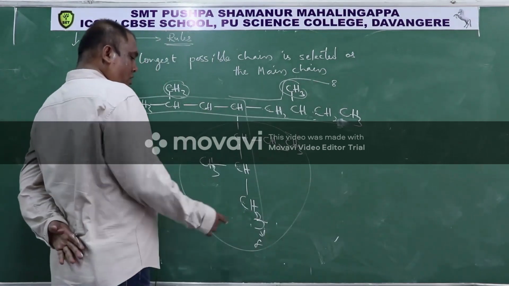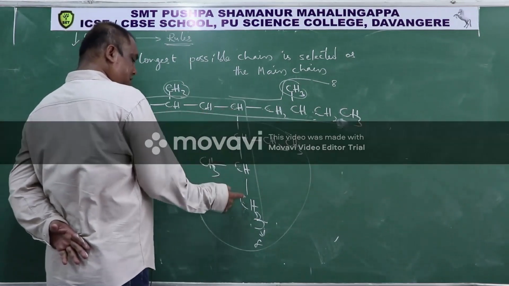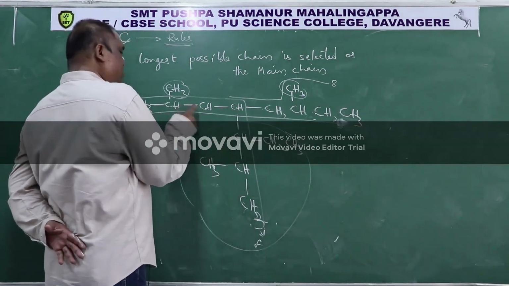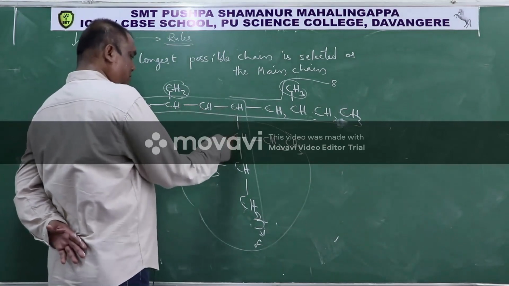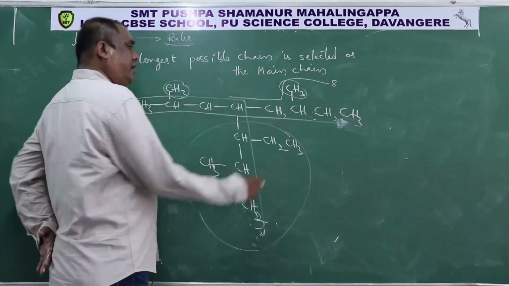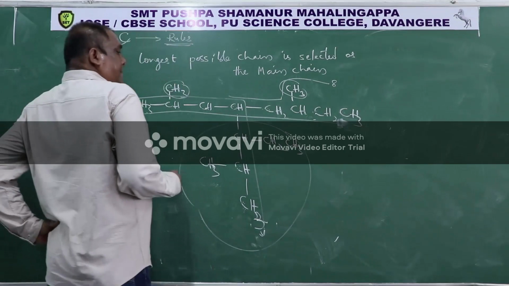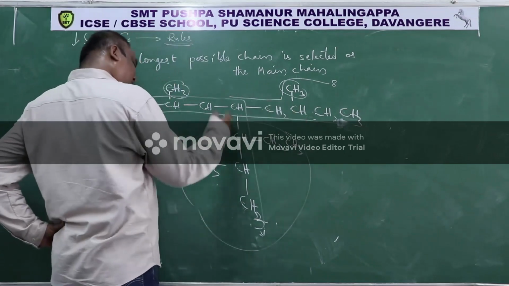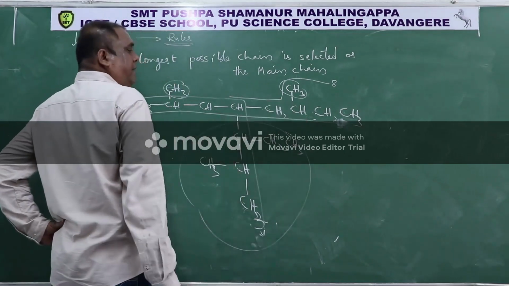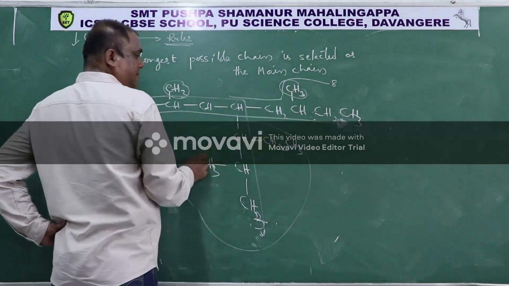Now, if you take this one, 1, 2, 3, 4, 5, 6, and 1, 2, 3, 4, 5, 6, 7, it has 7. Then it has 8. So now this is 8, this is 8, but this has 1, 2, 3 side chains.